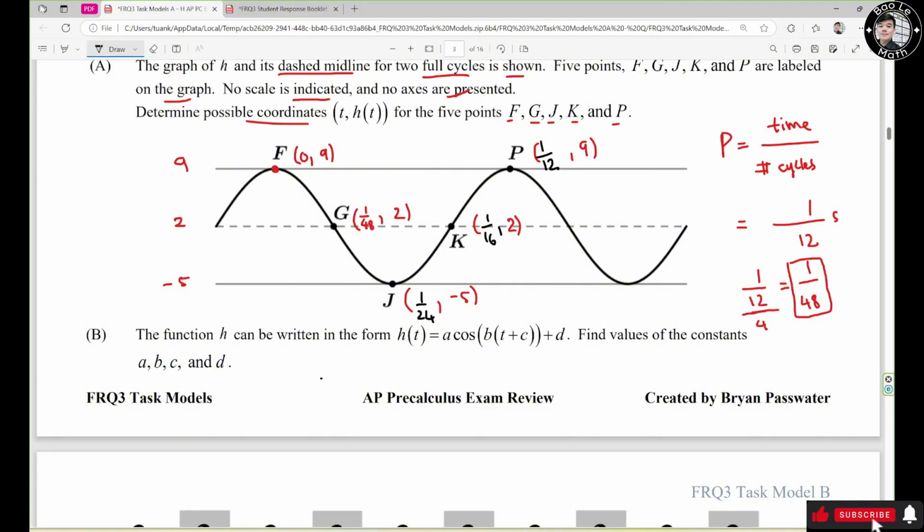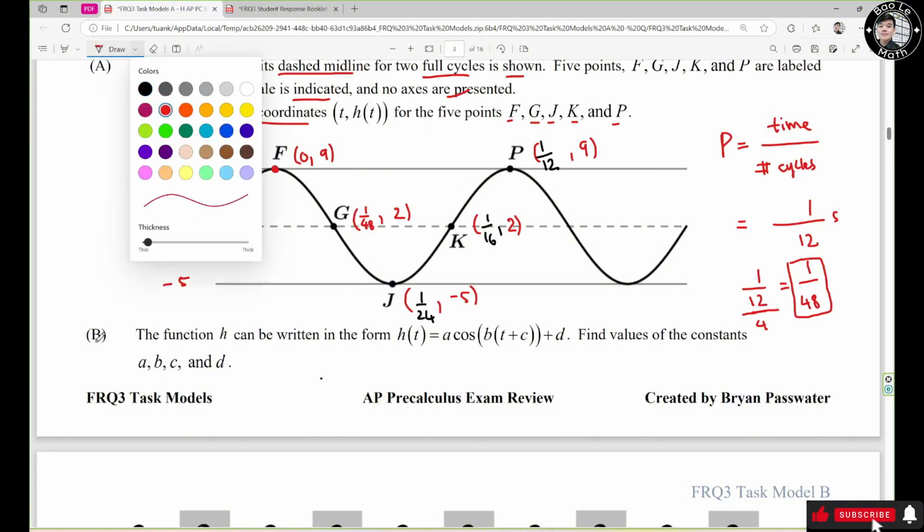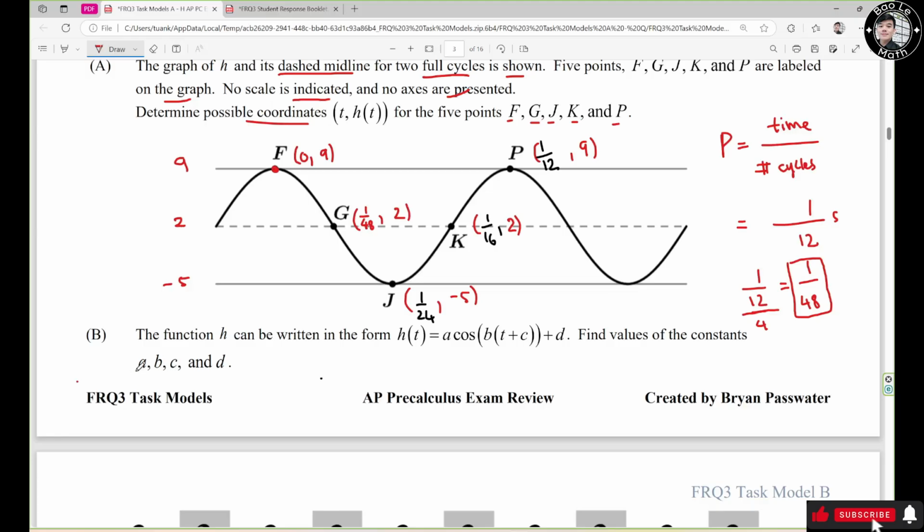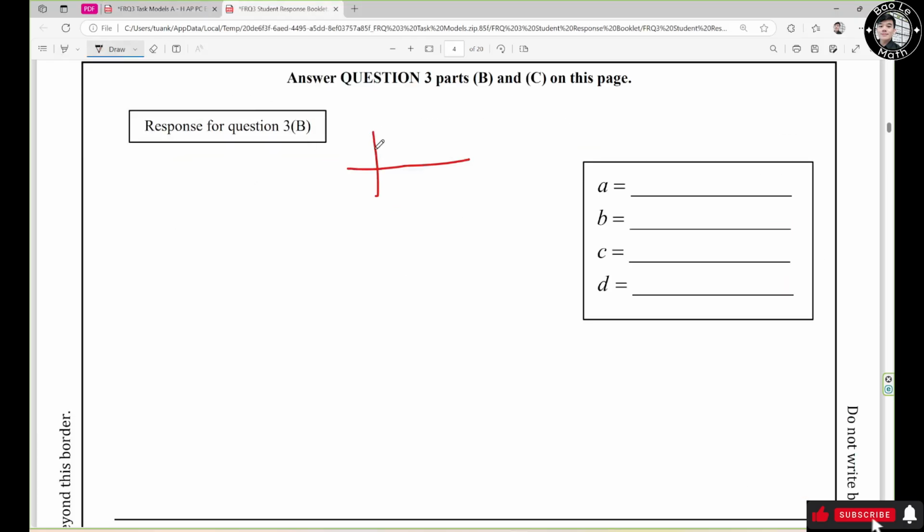Now let's move on to question B. We need to solve for A, B, C, and D, given the function h(t) equals A cosine B(t plus C) plus D. Now you know that the cosine function starts from the maximum, back down to the midline, goes down to the minimum, back up to the midline, and goes up to the maximum.